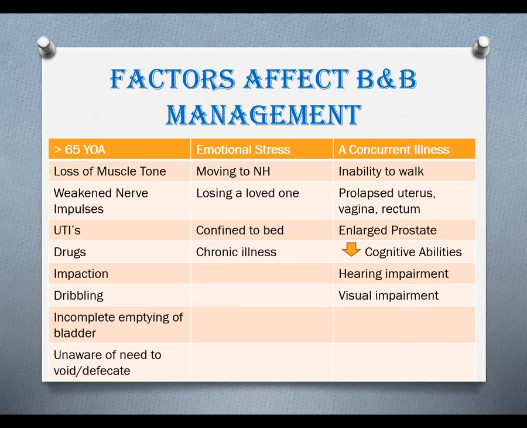Emotional stress, sometimes just moving to a nursing home, losing a loved one, chronic illness. And then another category can be the concurrent illness, especially cognitive abilities, which can affect the bowel and bladder management.